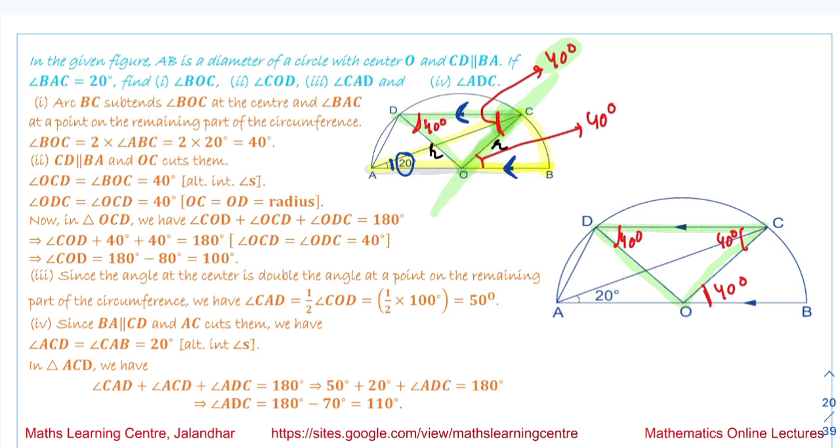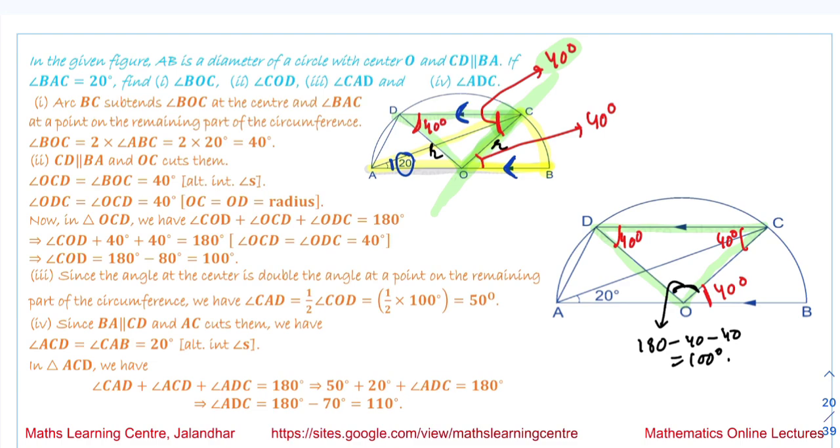Now in this triangle, this angle will be 180 minus 40 minus 40, which is equal to 100 degrees. So this angle COD will be 100 degrees.